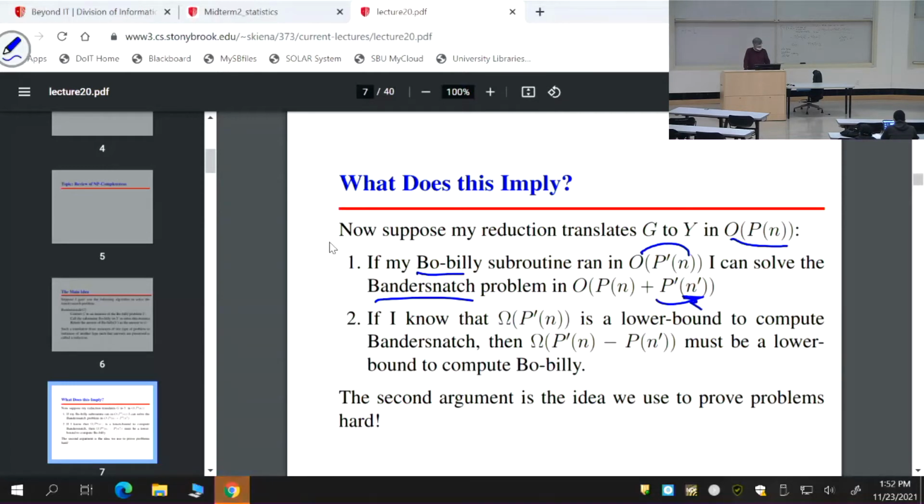Okay? So if translation is fast and Bobilli is fast, I get a fast algorithm for Bandersnatch.